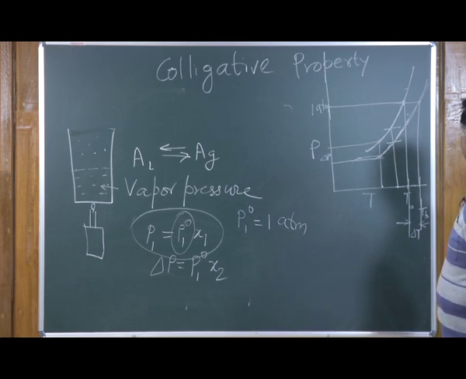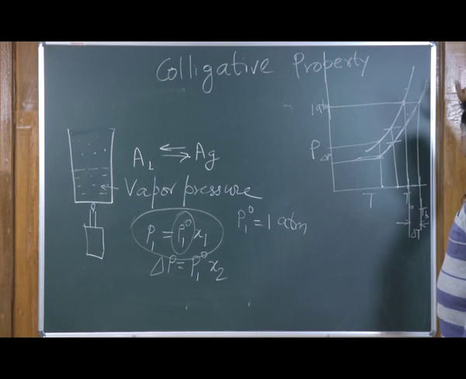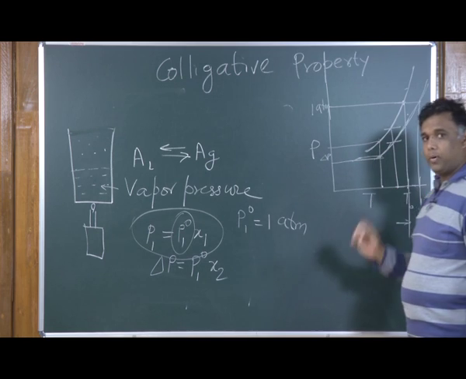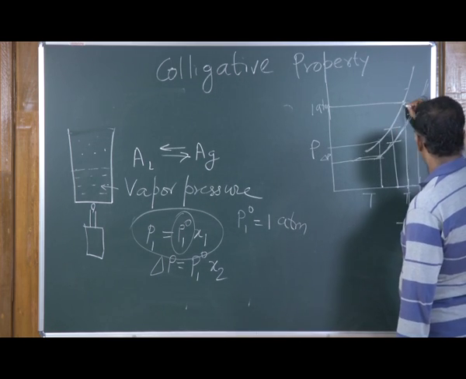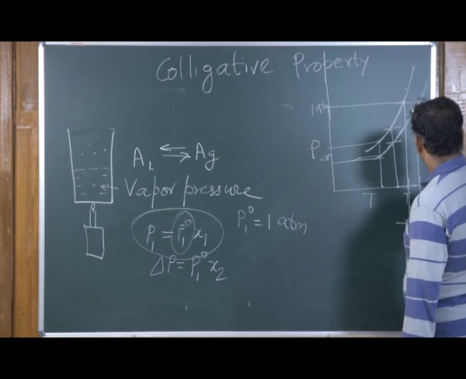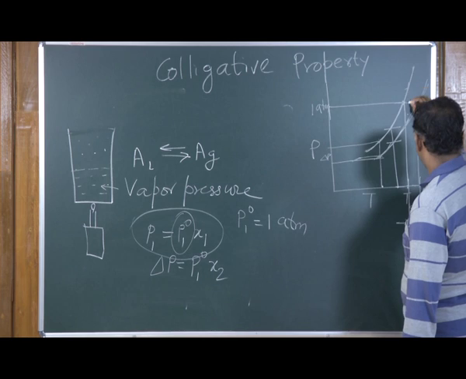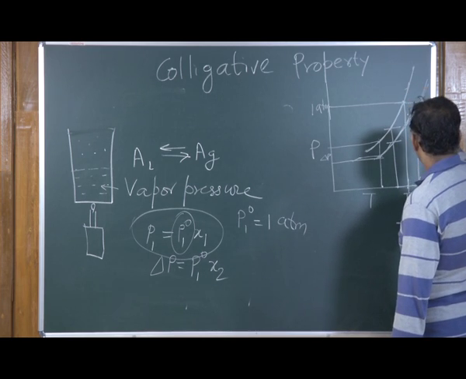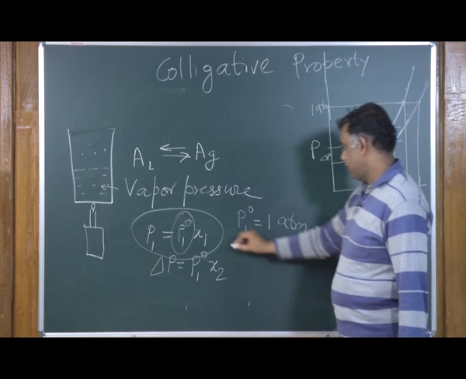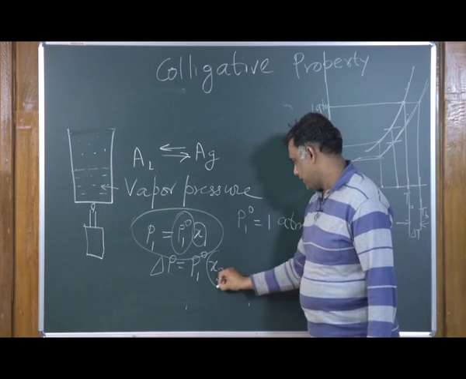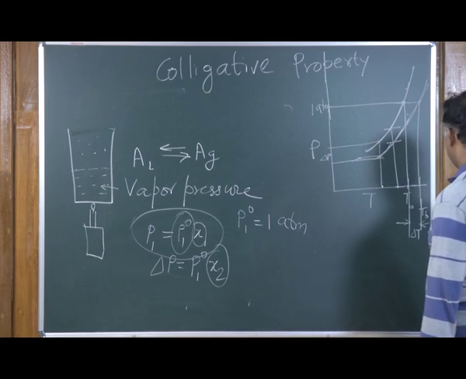So, this curve does not depend upon the properties of solute at all, and the change in delta T depends upon the property of this curve, in fact, the slope of this curve at this point, and this concentration x1 or related to x2. x1 and x2 are related simply by x2 is equal to 1 minus x1.